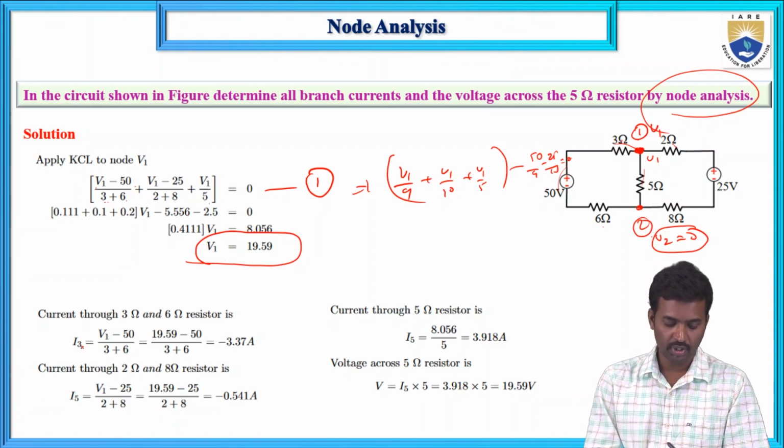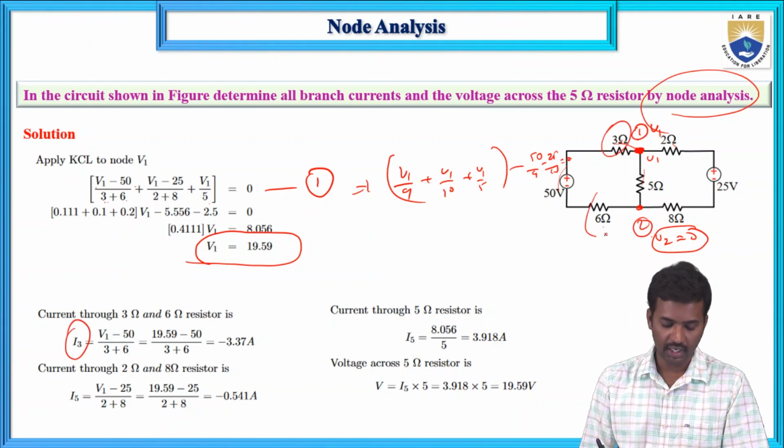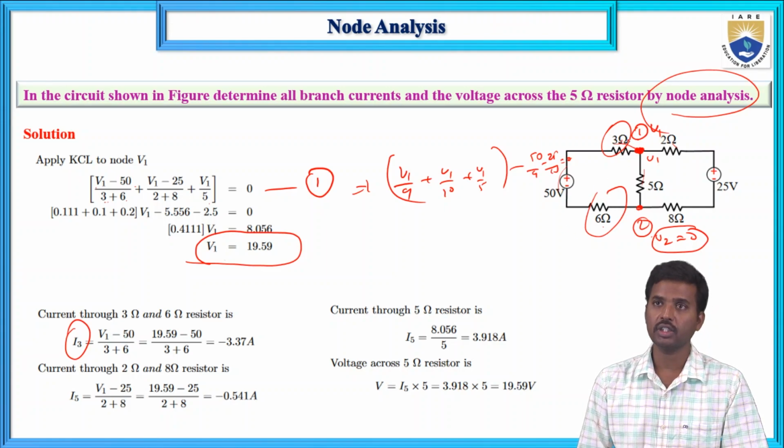After getting the node voltages, you can determine the branch currents. The I3 current and I6 current are the same, because they are connected in series, and the I2 current and I8 current are the same.